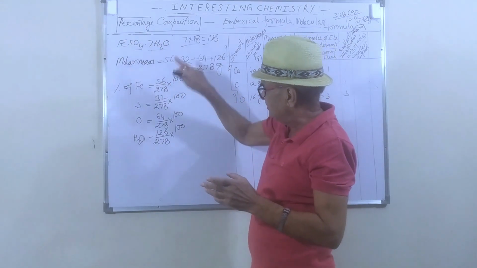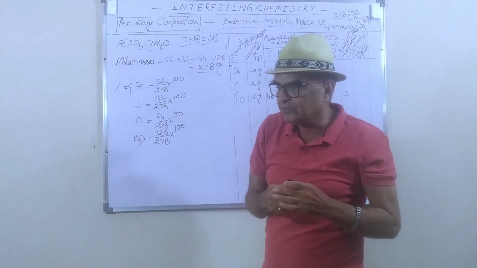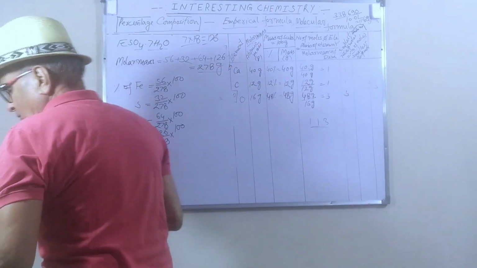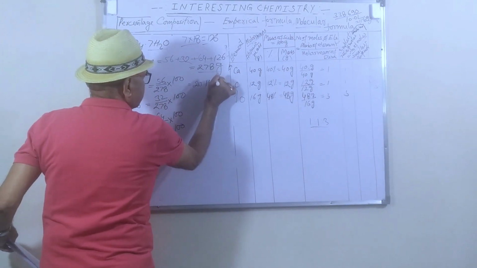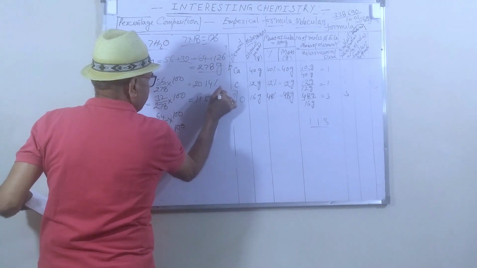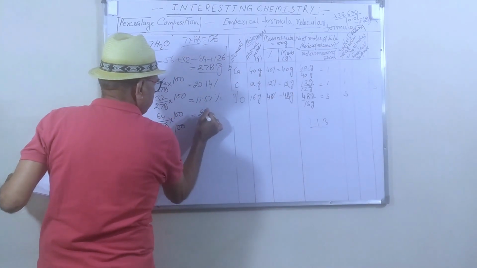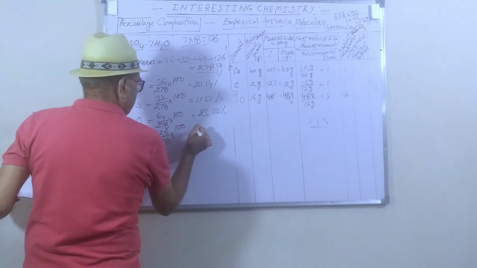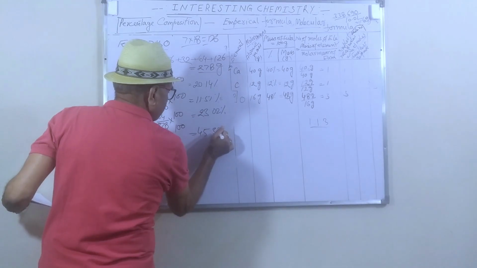This H2O is written here as the percentage of H2O. Now after calculating, I have some values here: 20.14%, and this one is 11.51%, and this one is 23.02%, and the fourth one is 45.32%.